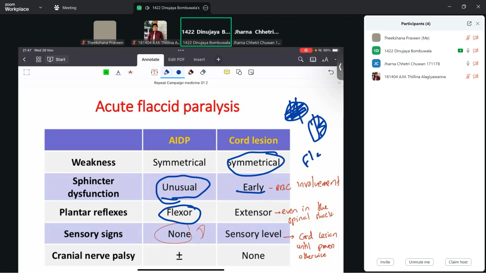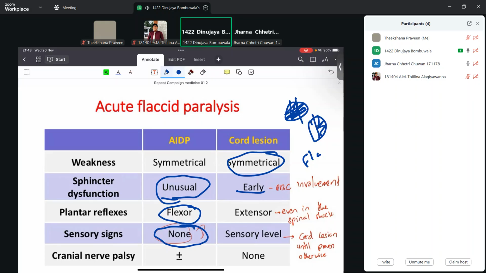Sensory signs, none. At that time, Chancellor told us there are only sensory symptoms but no sensory signs in patients with GBS. But later on, I can't remember, 1 or 2 months before the exam, he told us that some patients have sensory signs as well.